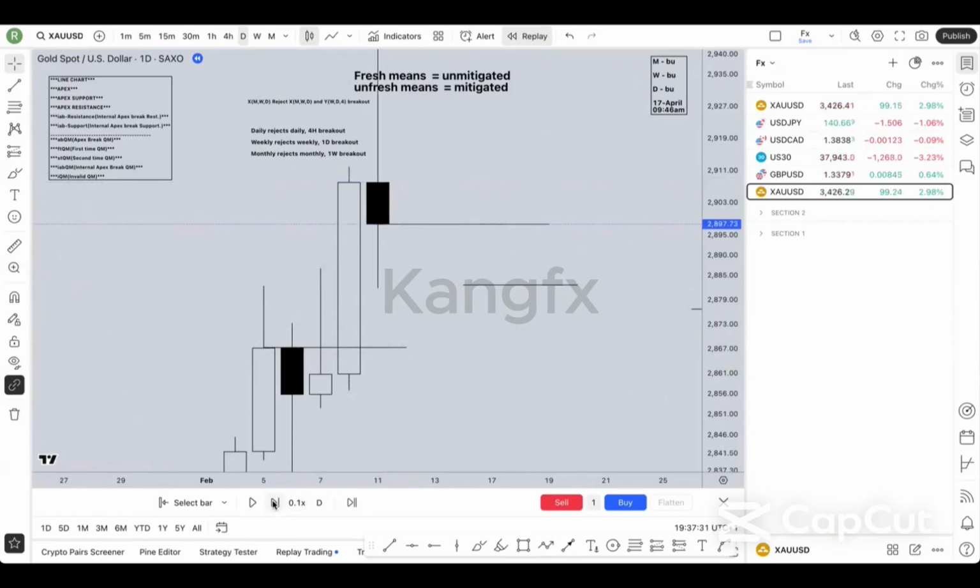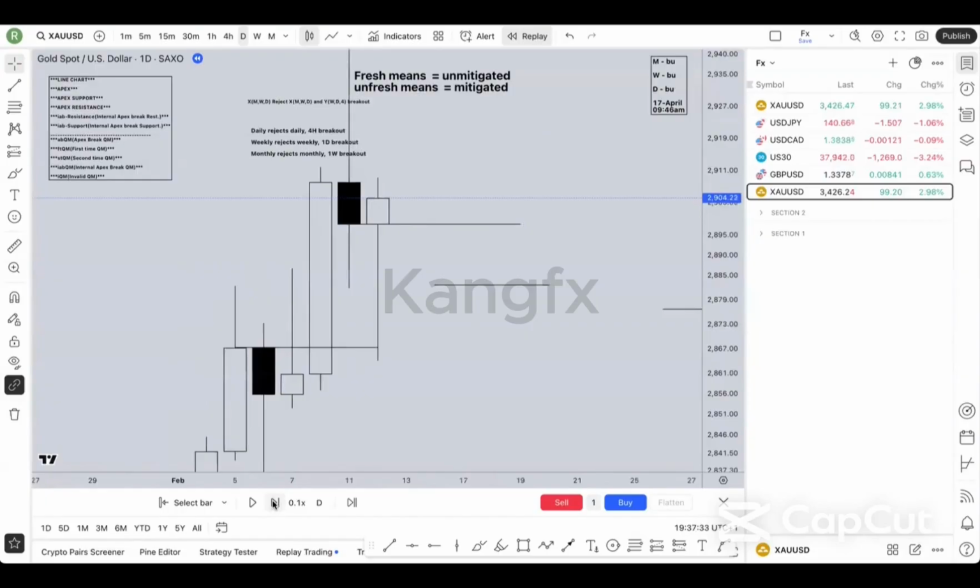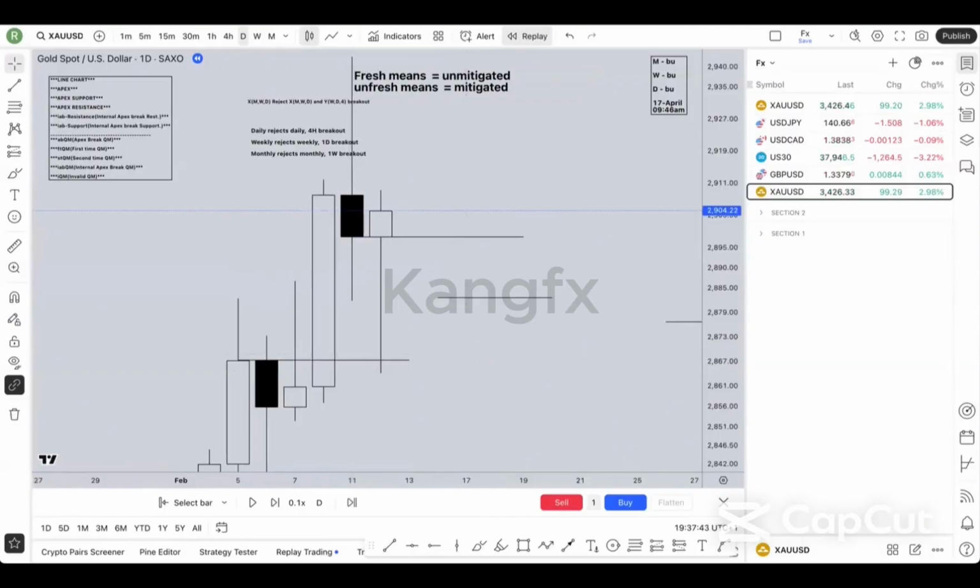Then we saw a candle came, it was still fresh, came, use it. As long as the candle touched it now, it's no more fresh again. This is unfresh. It's no more valid to pick a trade. The only time it will become fresh again is if another candle opens and closes below it, immediately closes below it, it has become fresh again. We can now use it what again, as a resistance.